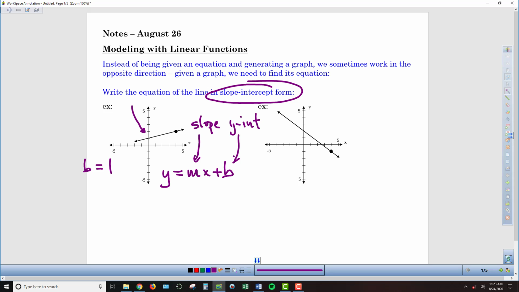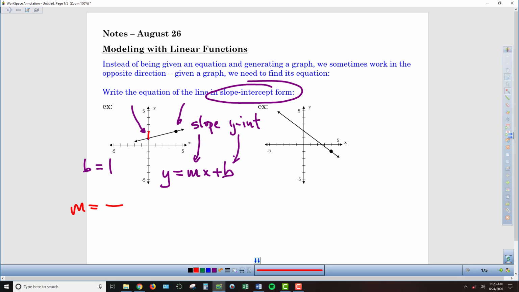That's where this point here is going to help us out, because we're going to measure the rise and run from the y-intercept that we have there to that second point. I'll change colors here to give us a little contrast. This vertical rise to get from the height of the first point to the second point is 1.